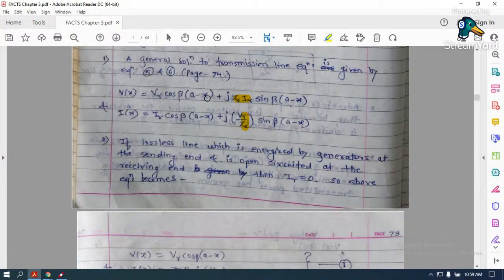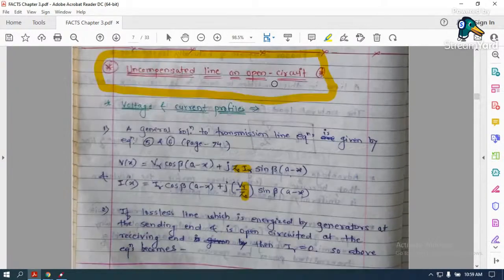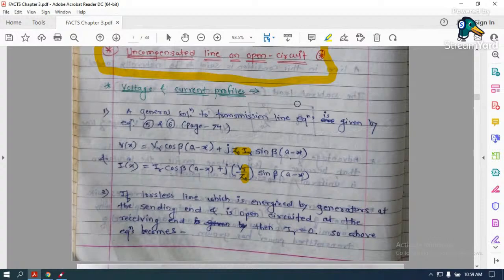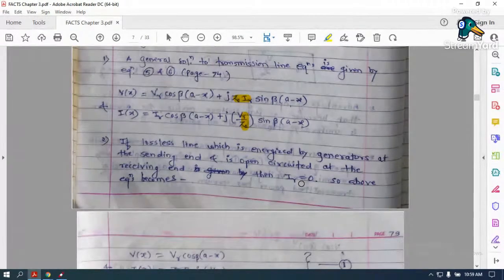If x equal to A, receiving end. If lossless line which is energized by a generator at sending end only, because I consider it as open circuit. Receiving end side is open circuited. Then IR equal to 0. Solve equation.